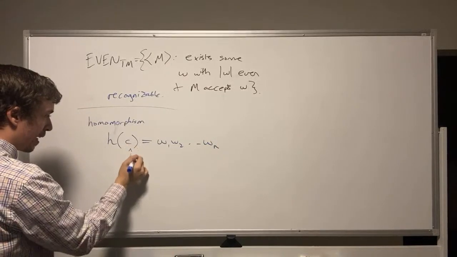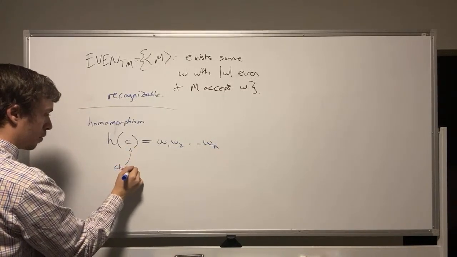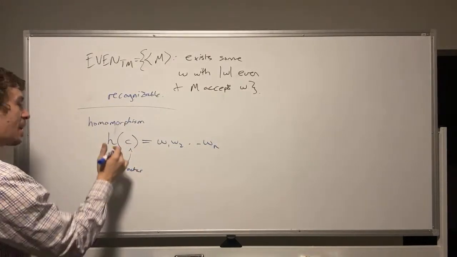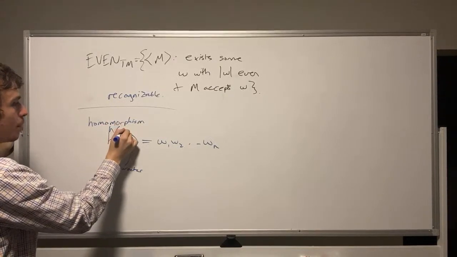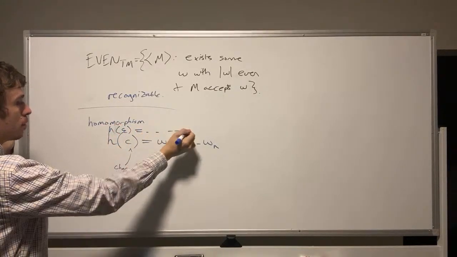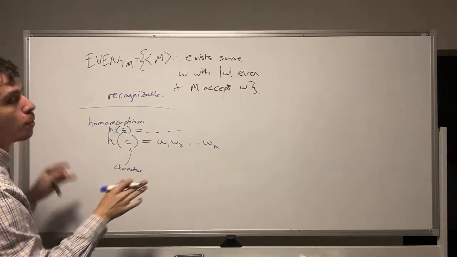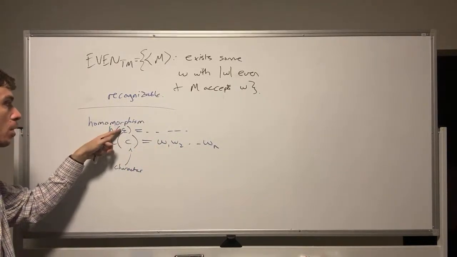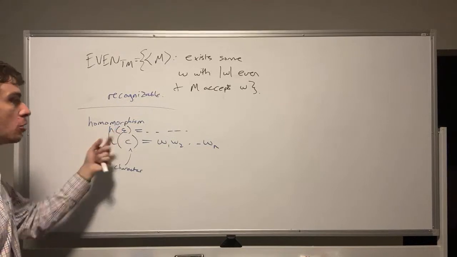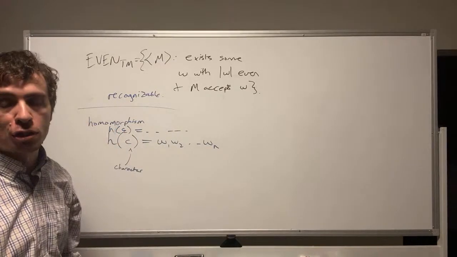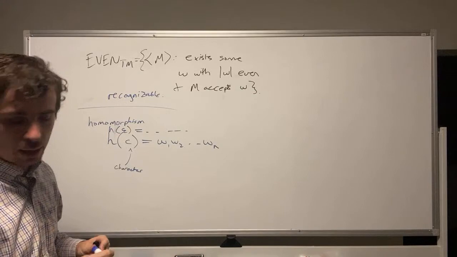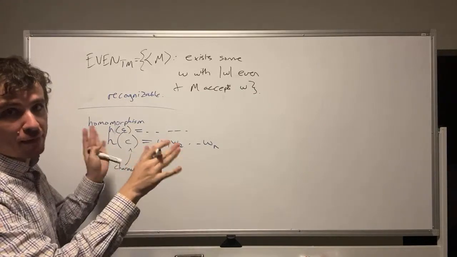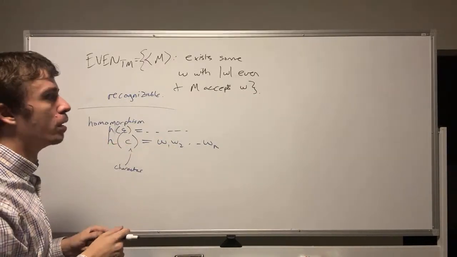And actually there's also one for the empty string too, and that'll output some string too. So effectively, it's mapping a character or the empty string to a whole long string or maybe a short string. The alphabets don't necessarily have to be the same, but that's not so important.